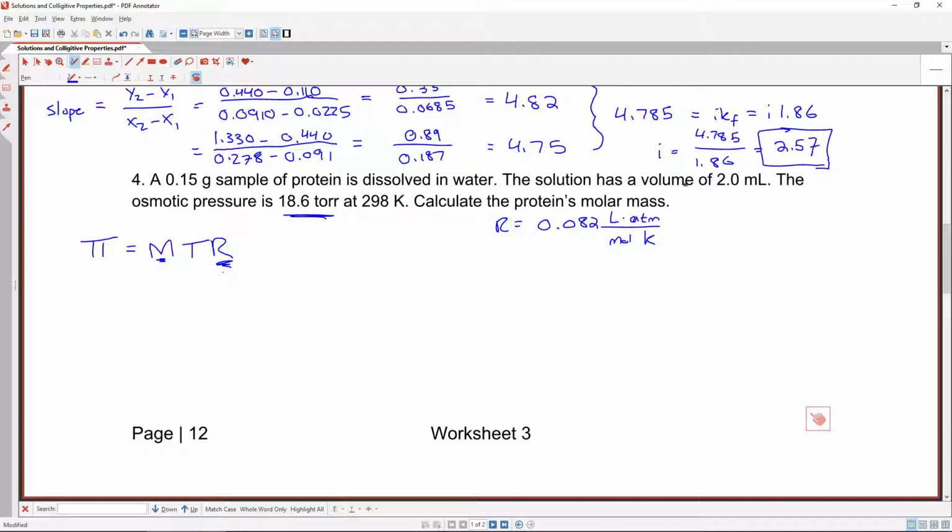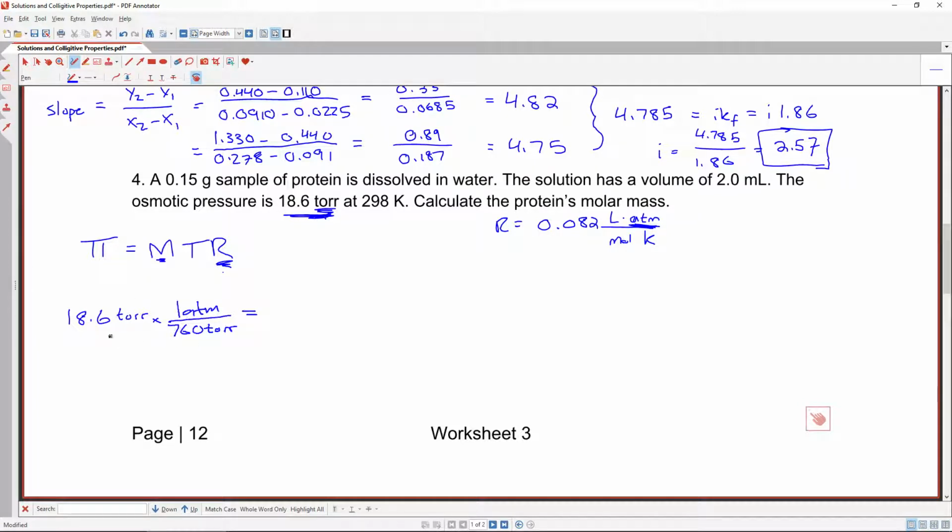The important thing I get out of this is that this unit of pressure is atmospheres, and this unit of pressure is torr. So I need to rectify one or the other. I'm going to convert the torr to atmospheres to make my life easier, right? So 18.6 torr times 1 atmosphere per 760 torr, right?